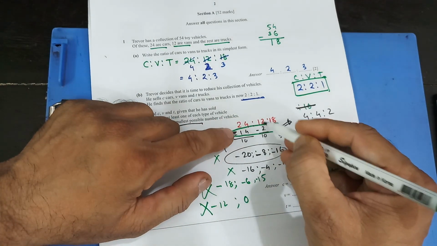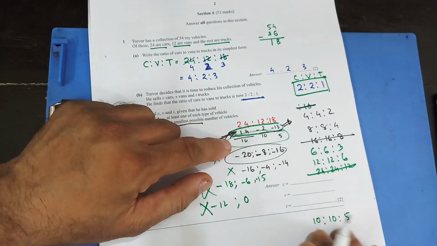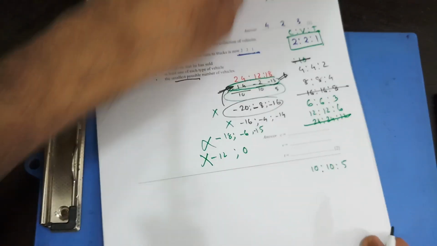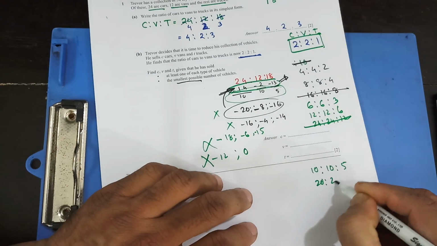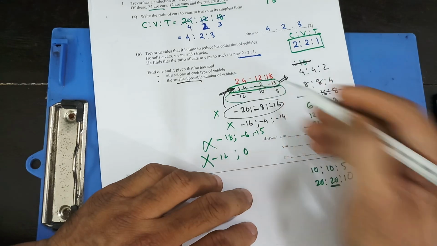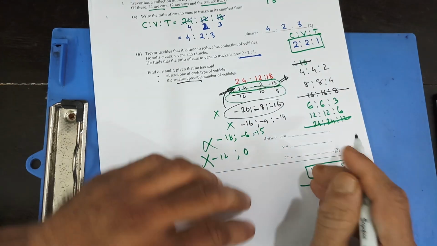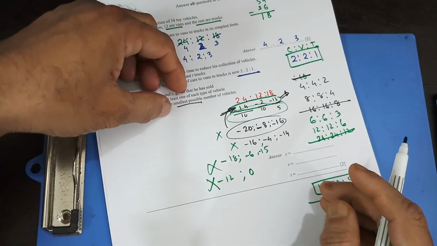To make this one 10, I need to subtract 2 and make this. So this one I already had, right? So that's the smallest one. What is the next one I can do? 20, 20, 10. Again, this number exceeds the original number. So not that. This is my only option that fulfills all these three conditions.